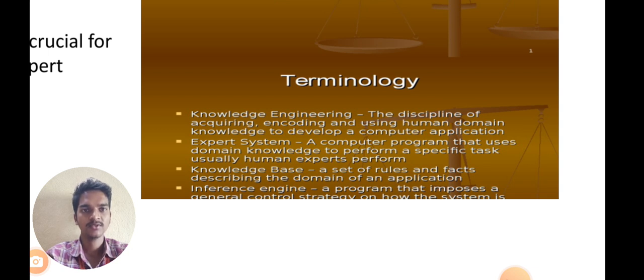Next, expert system: a computer program that uses domain knowledge to perform a specific task, usually at the level of human experts' performance. Next, knowledge base: a set of rules and facts describing the domain of an application. Next comes the inference engine: a program that imposes a general control strategy on the system.